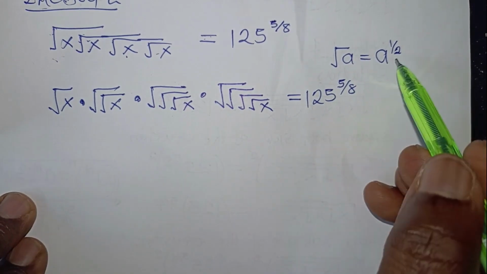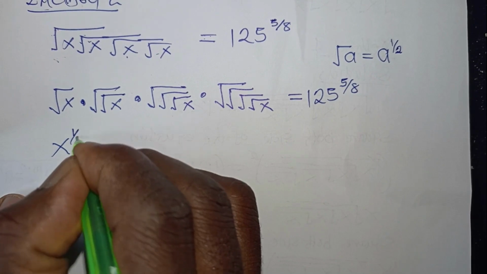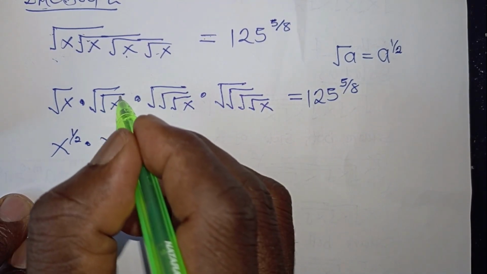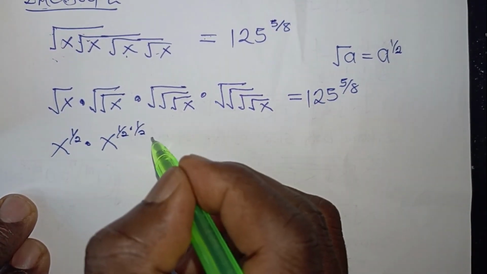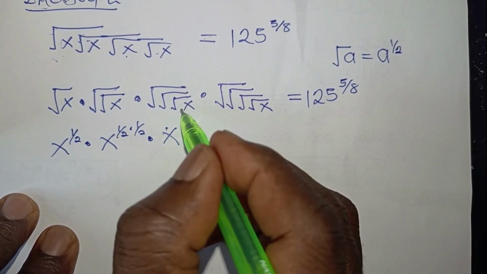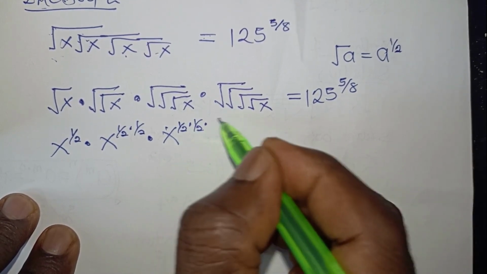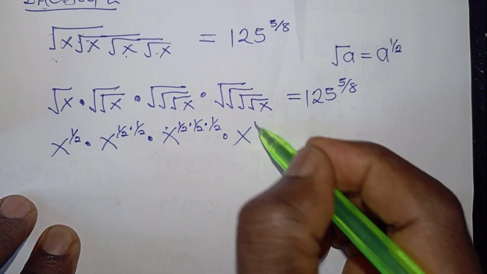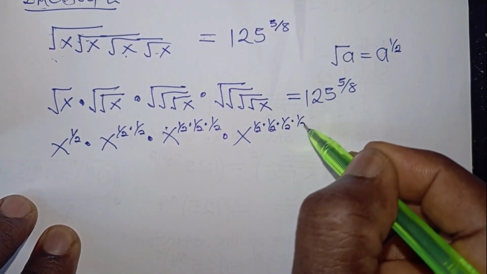So here square root means half, so we can write this one as x to the power half multiply x, this one has 2 square roots, so that will give us half multiplied by half, times x, it has 3 square roots, so that will give us half times half times half, multiply by x raised to the power half times half times half times half.